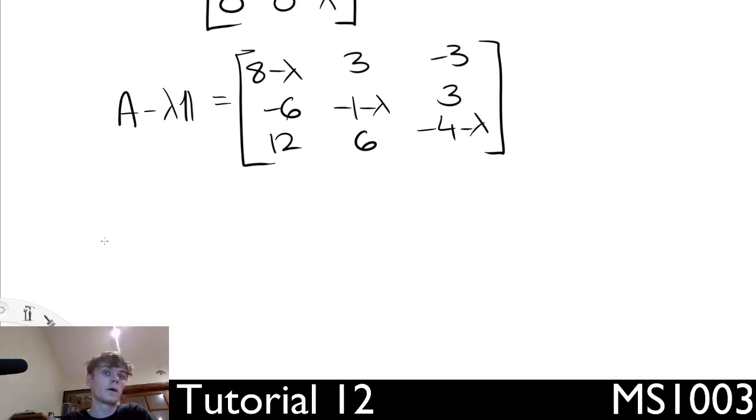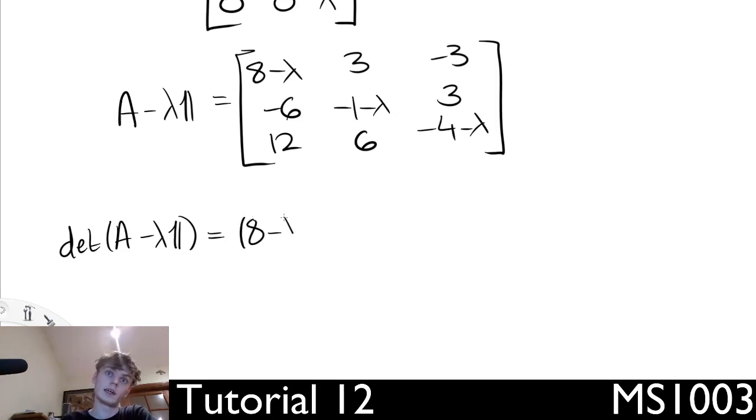We remember some stuff about determinants from tutorial 10, I think. We can find the determinant of this by taking the dot product of the first row with the cofactor vector along the first row. I will just write it out.